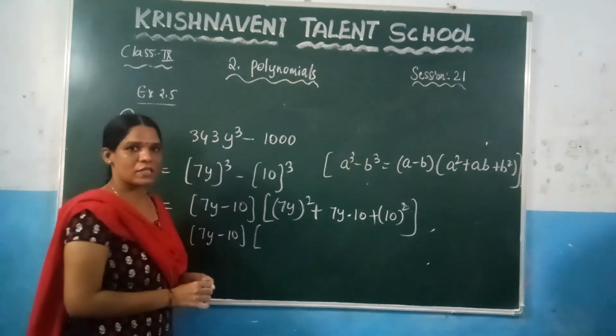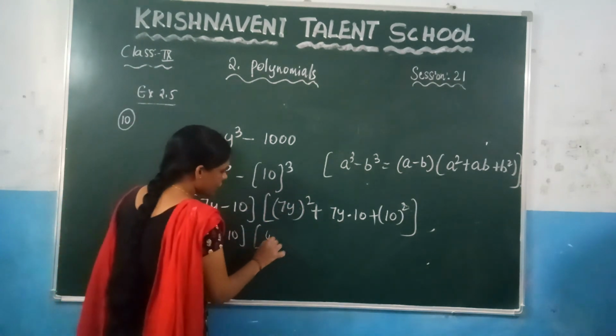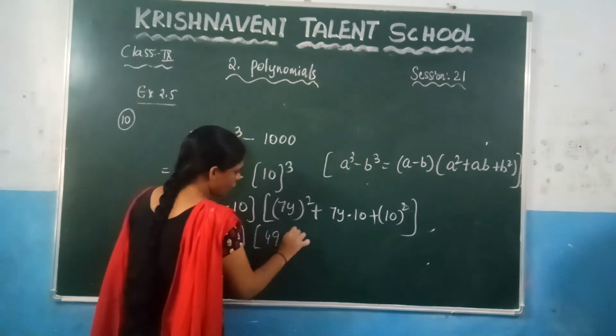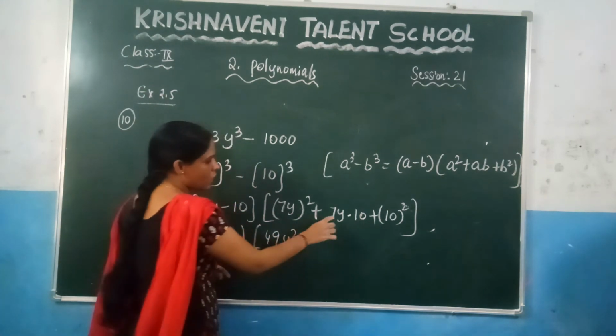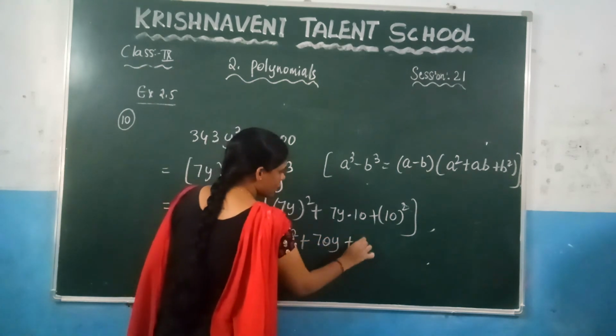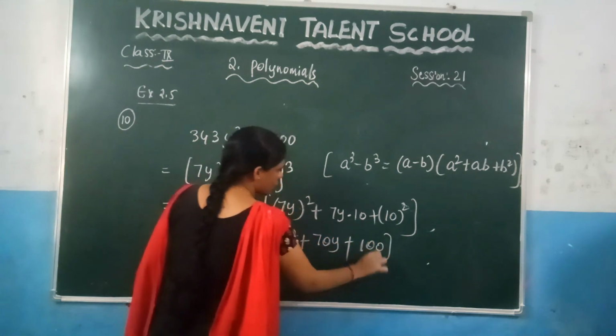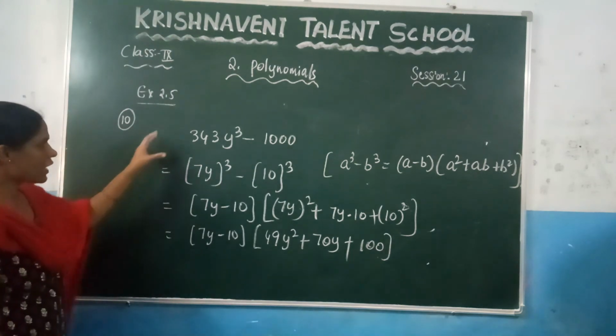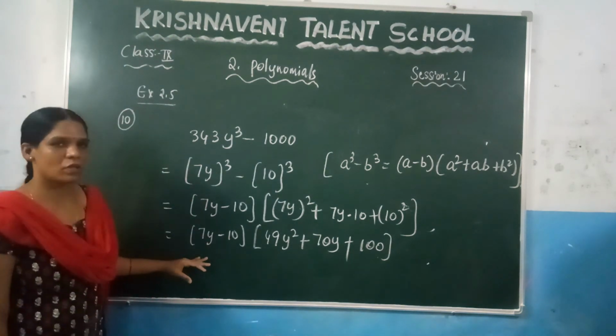What is the value of 7 square, which is 49? You will get here 49 y square plus, what is the value of 7 into 10, which is 70y, plus what is the value of 10 square, which is 100. So we have factorized this one into the form of this one.